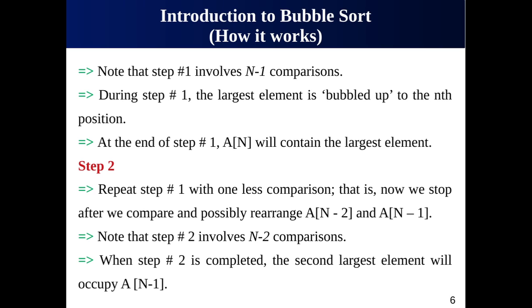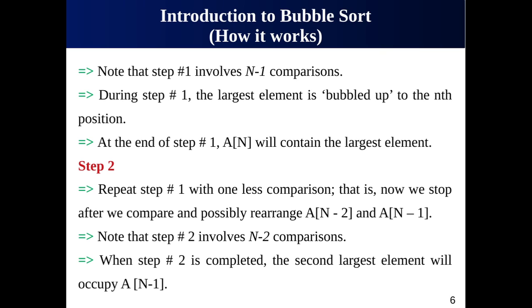Then you have to carry on with more steps, more phases, more passes. So move to step number 2. Now, in this step, you have to repeat the same operations, but with one less comparison.